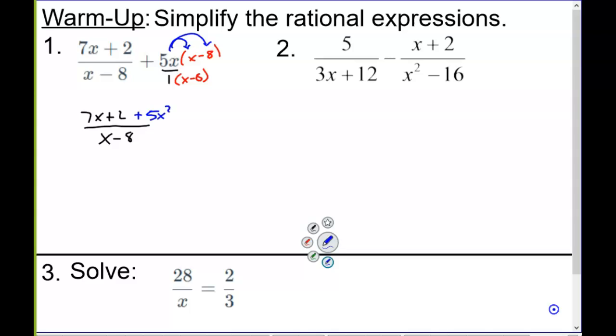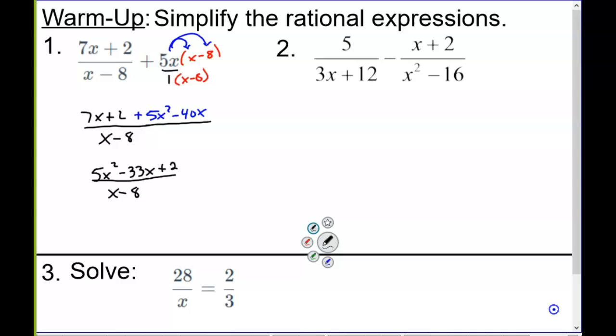So I get 5x squared minus 40x, and then we can write that all over the same denominator. Now, I'm going to combine my like terms up top, and I'm left with a single fraction.